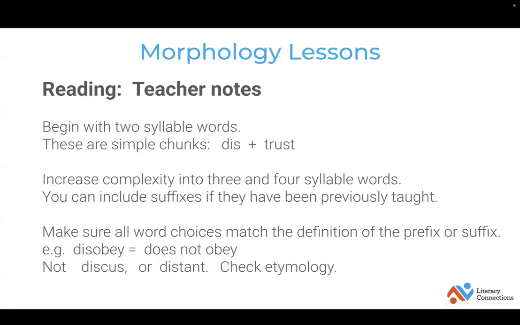Disobey means does not obey, so yes, it's definitely a word we'd want to be studying. However, if we've got athletics and we're looking at the discus, that's nothing to do with the dis prefix, or distant. They've come from different bases or roots. So if you're unsure, check the etymology and make sure all the words that you're selecting do match the meaning of the prefix.